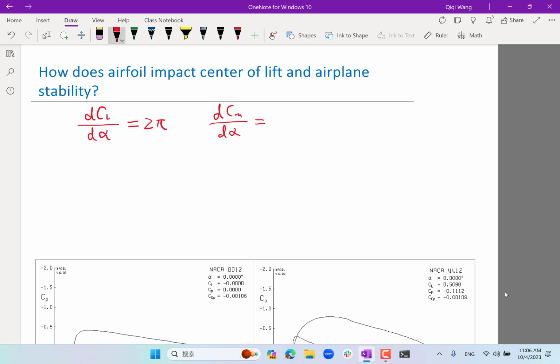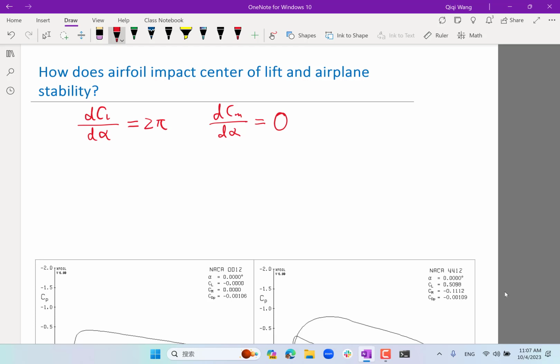So what is the derivative of moment coefficient with respect to alpha? It's an answer that's even simpler than this one. 0, that's right. So when I increase the angle of attack, I get an additional pressure delta that's centered around the quarter chord. That means I get no additional moment, right, when I increase my angle of attack.